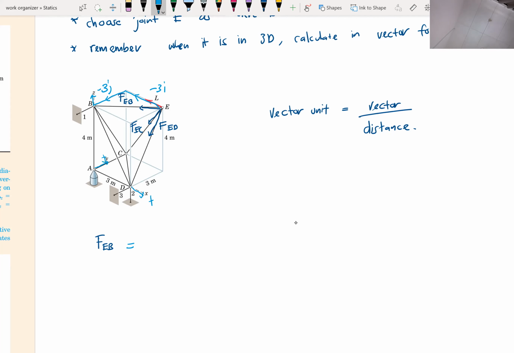This one, y positive, is heading to the right. So for FEB we have minus 3I, minus 3J. The total distance is the square root of 3 squared plus 3 squared. Then we just simplify. Let's say this is I, J, so just put 3 out there, and then we have 18 under the root.